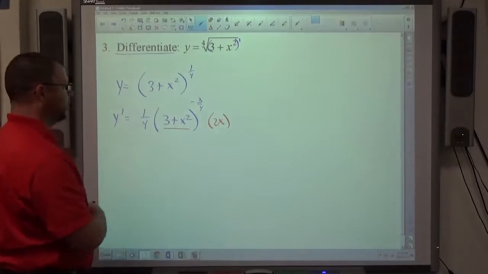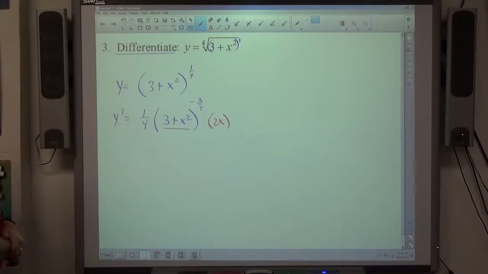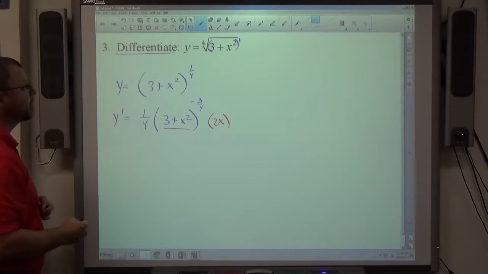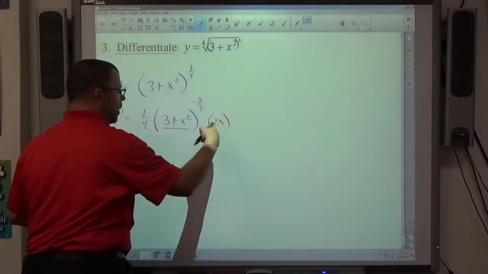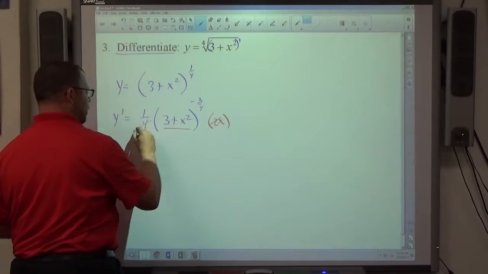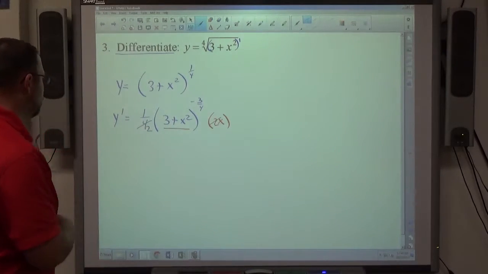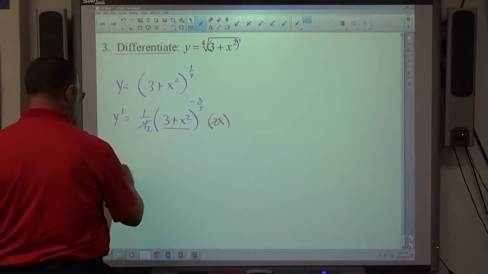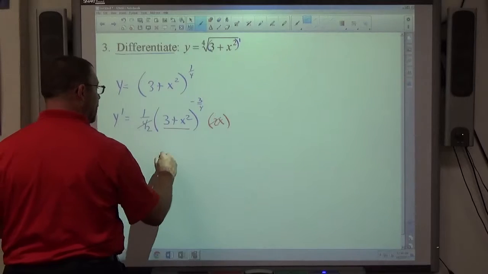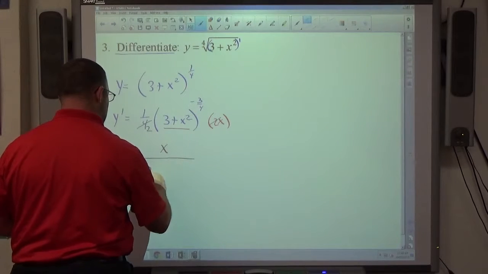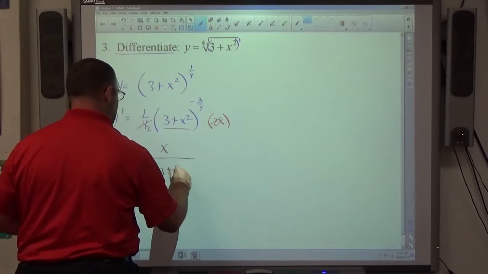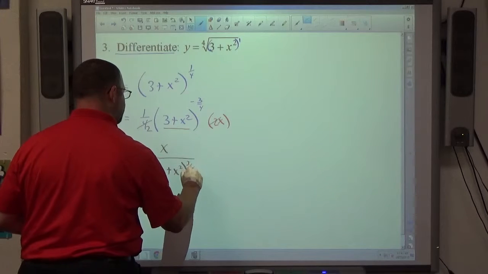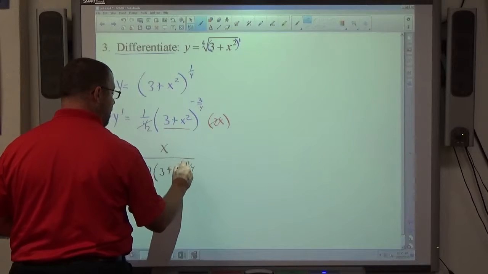That's a basic function there, so I'm done differentiating by the chain rule at this point. What's left to do is to simplify as much as possible. This 2 on top, that 4 on bottom reduce each other out, so that 2 becomes a 1, the 4 becomes a 2. 3 plus x squared, negative 3/4 belongs on the bottom, so my best final answer will be x on top, 2 times 3 plus x squared to the 3/4 power on the bottom, if I want to leave it in fractional power form.